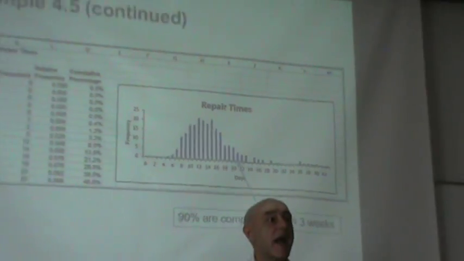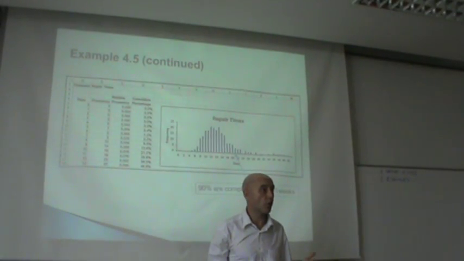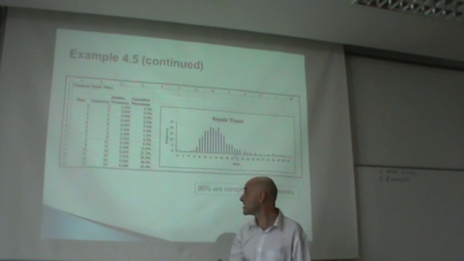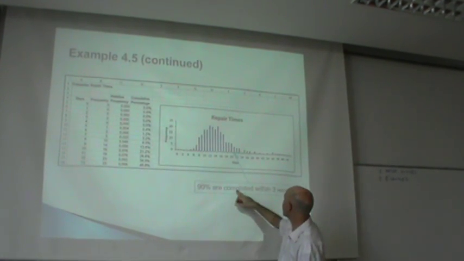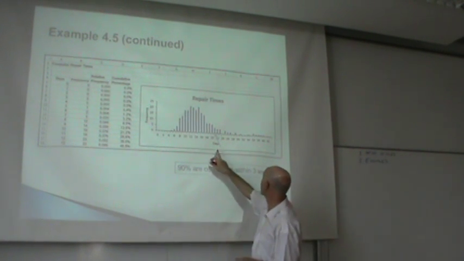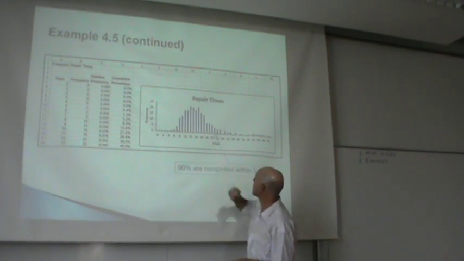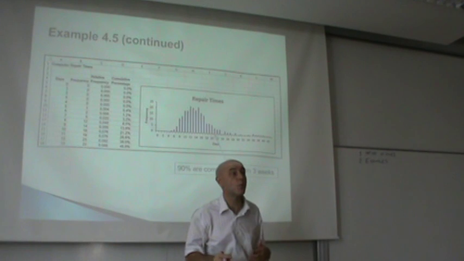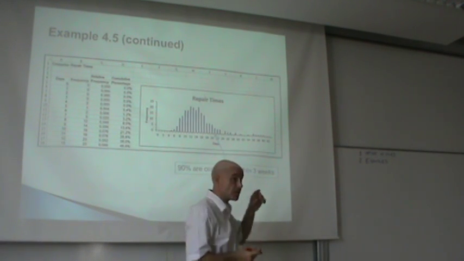You can also have what we did before, percentile. Percentile will tell you 90 percentile or 90% are completed within 3 weeks. In other words, 21 days will represent 90%.